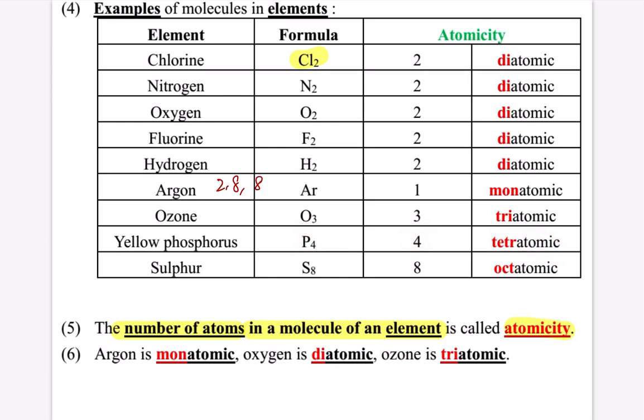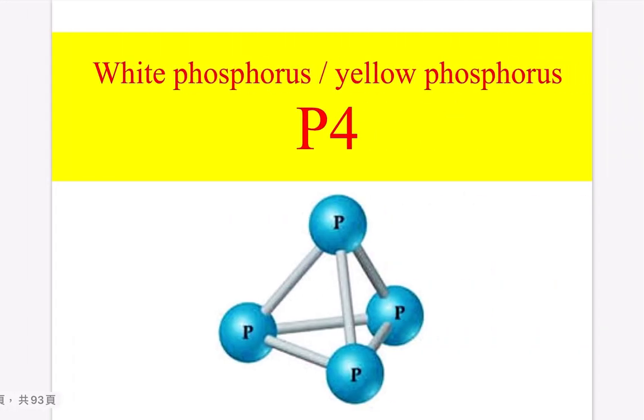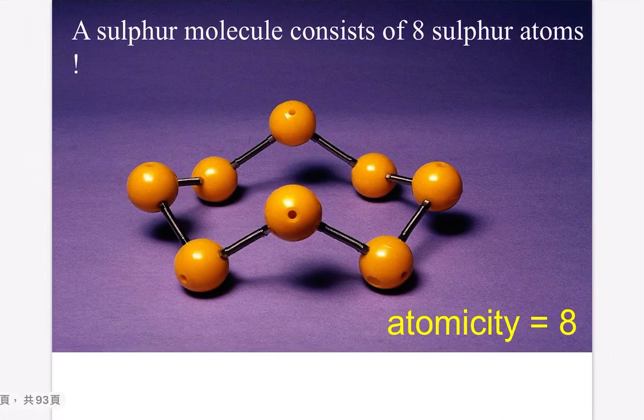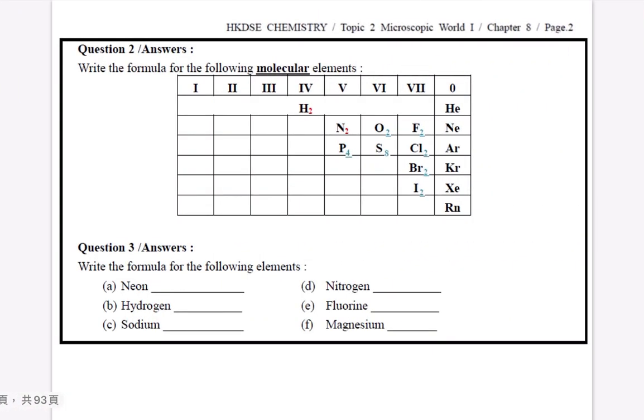And then sulfur is a little bit special. Sulfur has 8 atoms in its molecule. So it is octatomic. Okay? Octatomic. Okay, so this is phosphorus and sulfur.